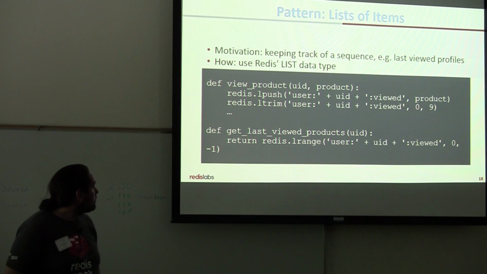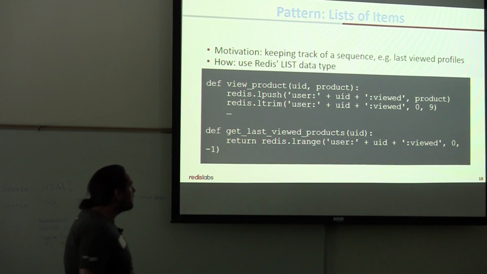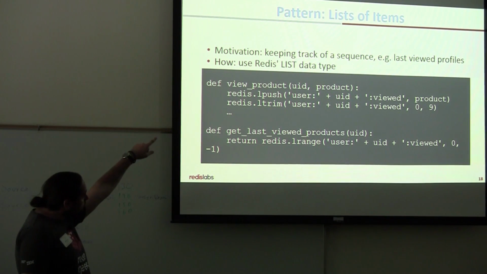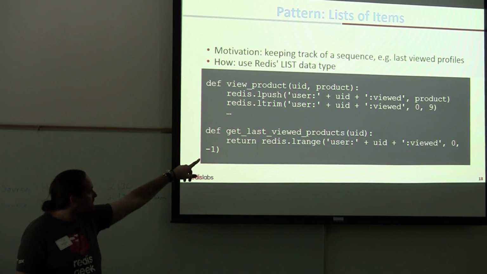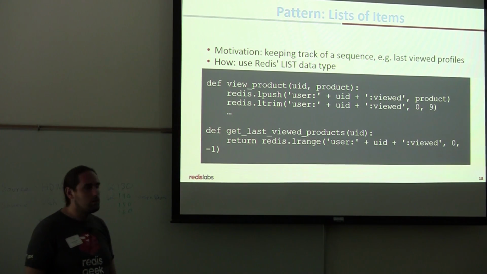So going back to the shopping cart e-commerce website example, that's the word I was looking for. You could, for every product that a user has viewed, push that product ID into a list, and then you only really want to keep track of the last 10.